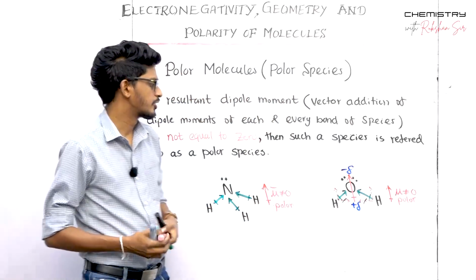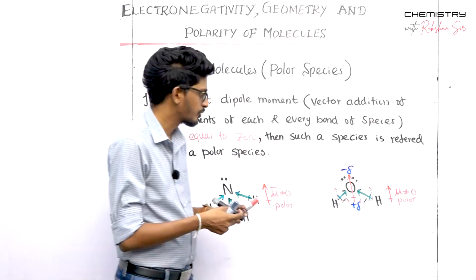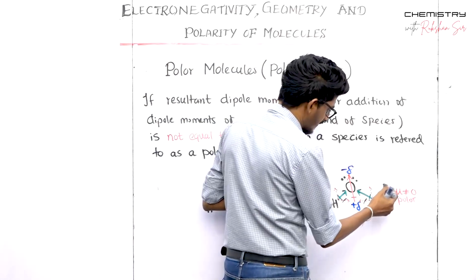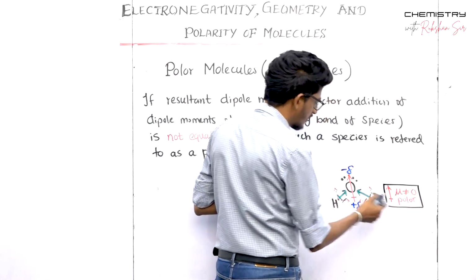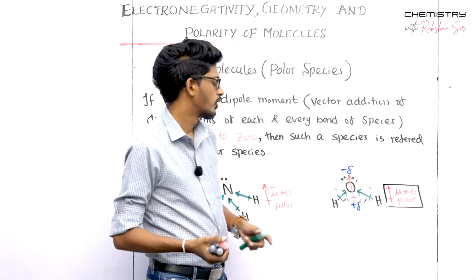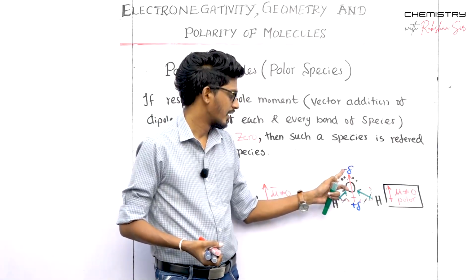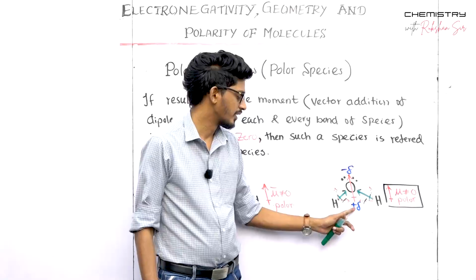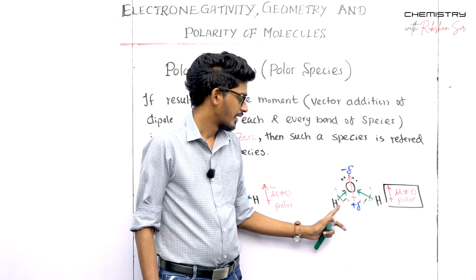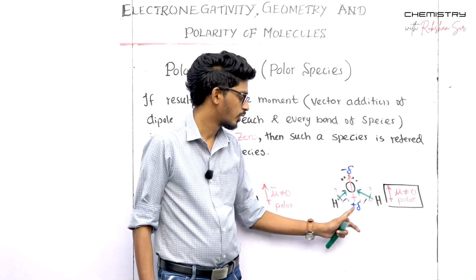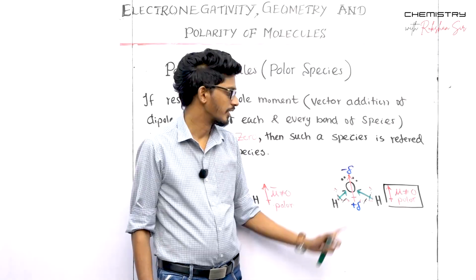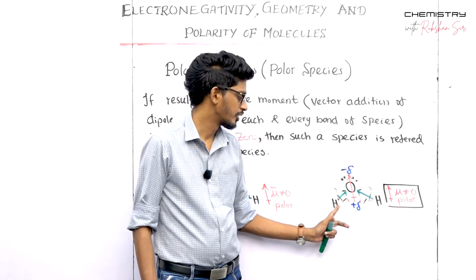So when it comes to H2O, it's a polar molecule, where your negative pole appears on the oxygen and the positive pole appears at the exact center of the two hydrogen atoms.